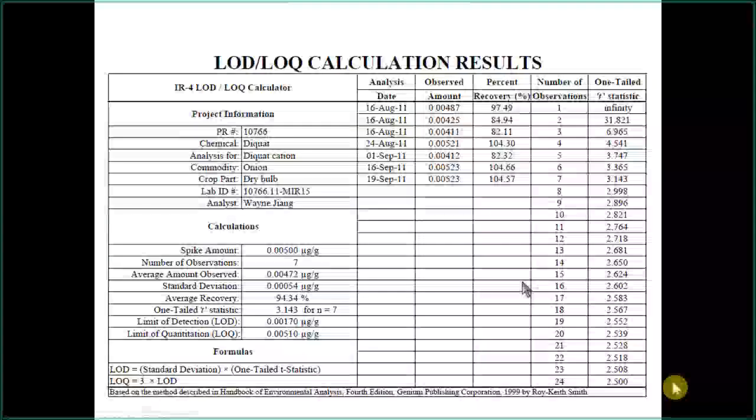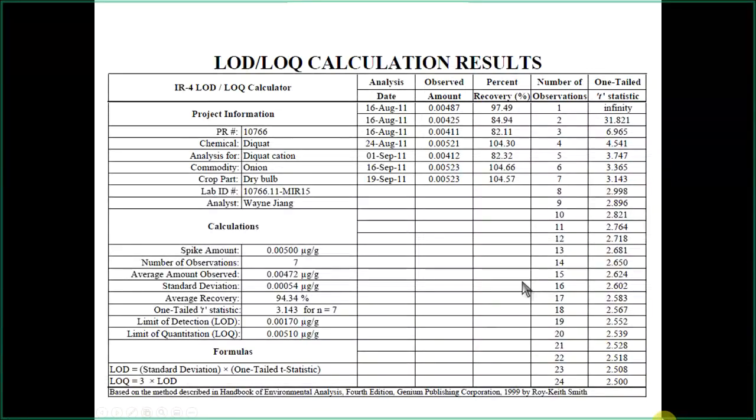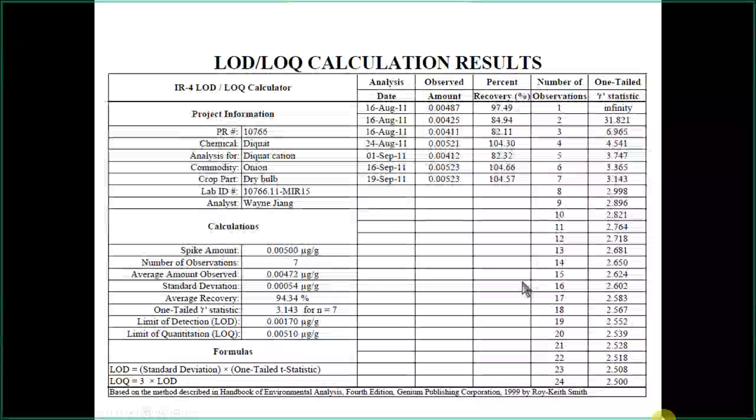This is one way to do the LOD, LOQ calculation. If you have a different way, as long as you have a science background and valid resources to do the work, that's fine.